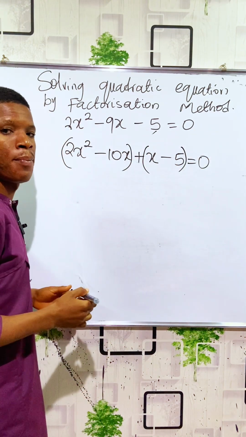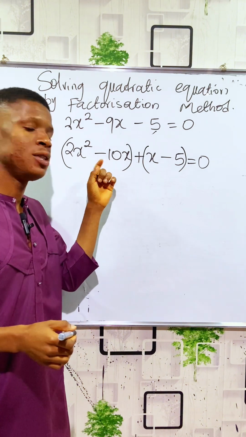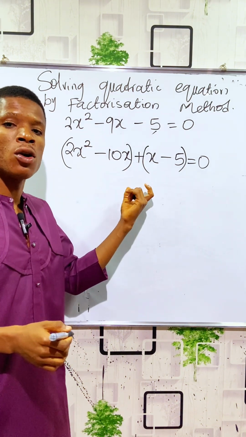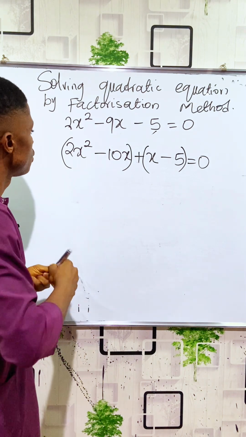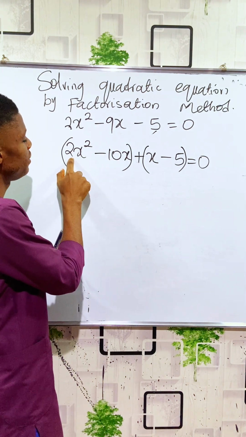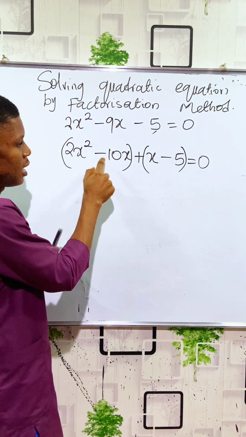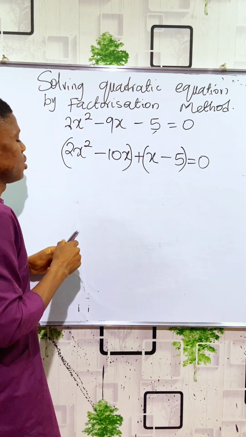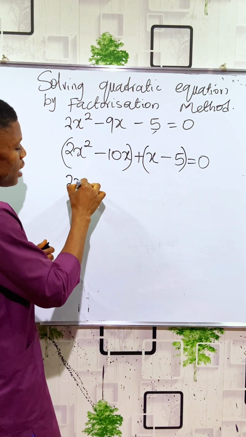What is common between these two terms, 2x squared minus 10x? We are going to factor it out. You can see that we can divide 2x squared by 2x, and we can divide minus 10x by 2x. So we factor out 2x.